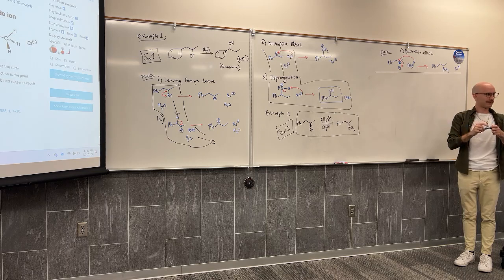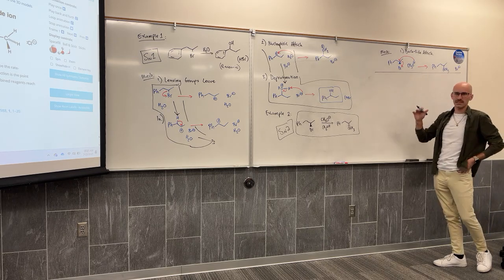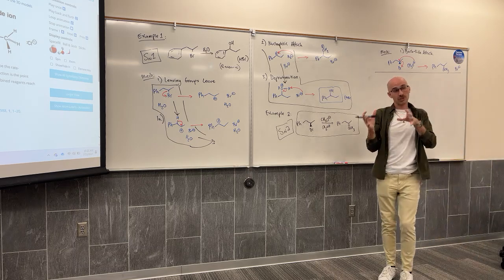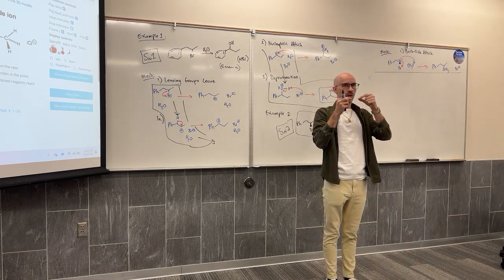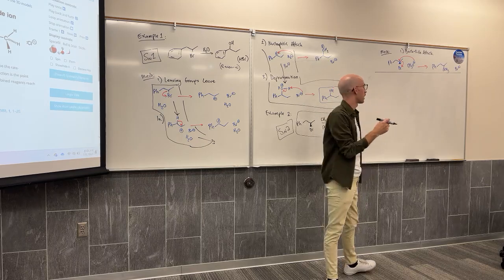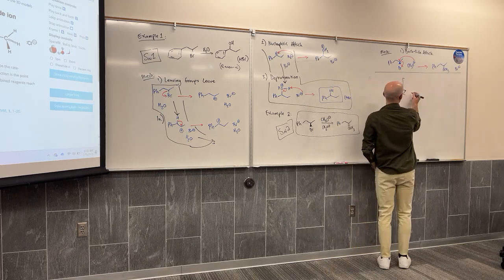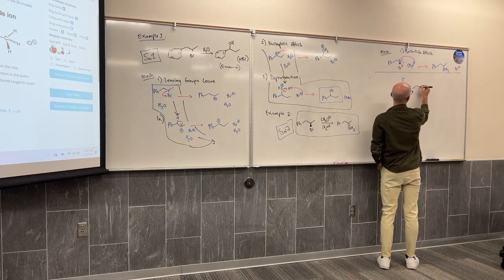Do you guys remember talking about transition states? Which are not structures that can be isolated, but they are the depiction of bonds breaking and bonds forming. There's only one transition state here.